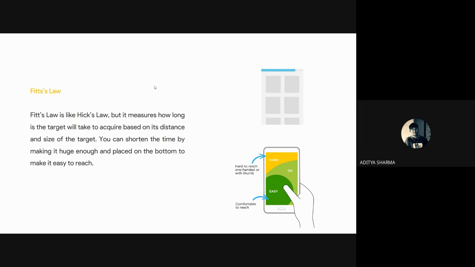The green area is easily accessible with your thumb, so you can make selections in that area very easily. In the okay area, you can still shift your hand a little bit and make a selection, and it's hard for the topmost corner. It gets reversed for people who are left-handed. That is exactly reversed.